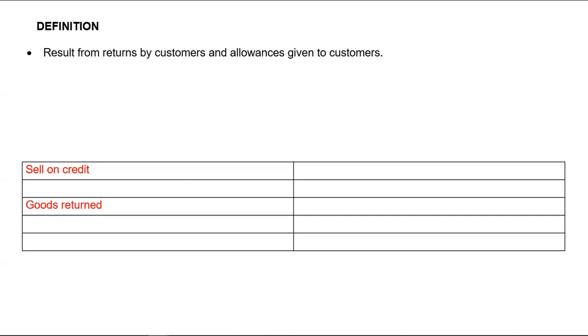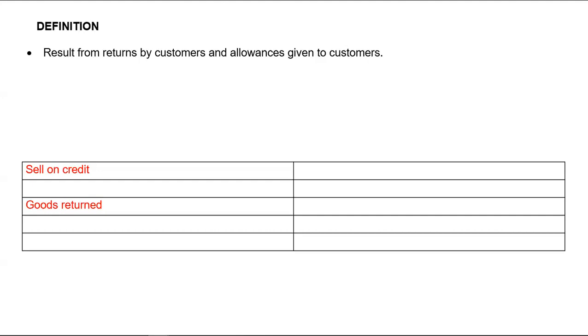Note that debtors allowance will be offset against sales, so it will reduce sales, as it simply informs you that the original amount of income that you assumed you had earned from sales, you actually did not earn, because those goods were returned to us.